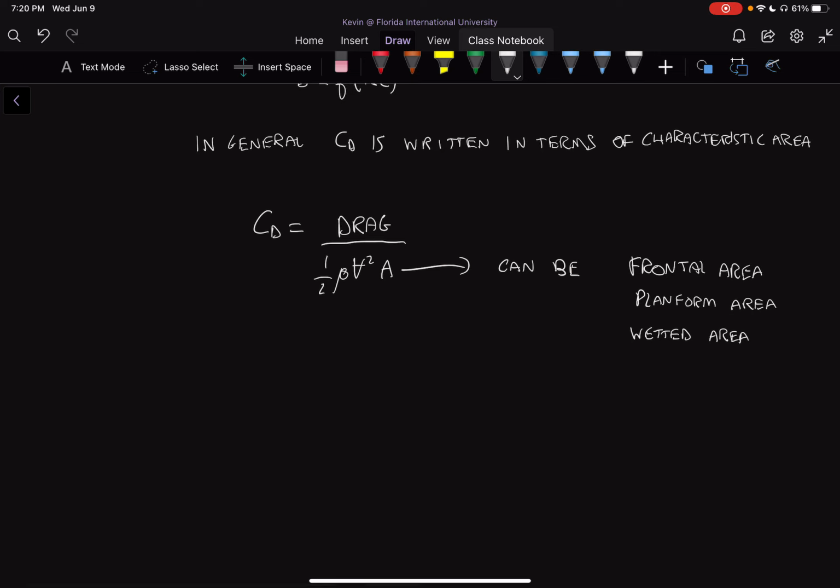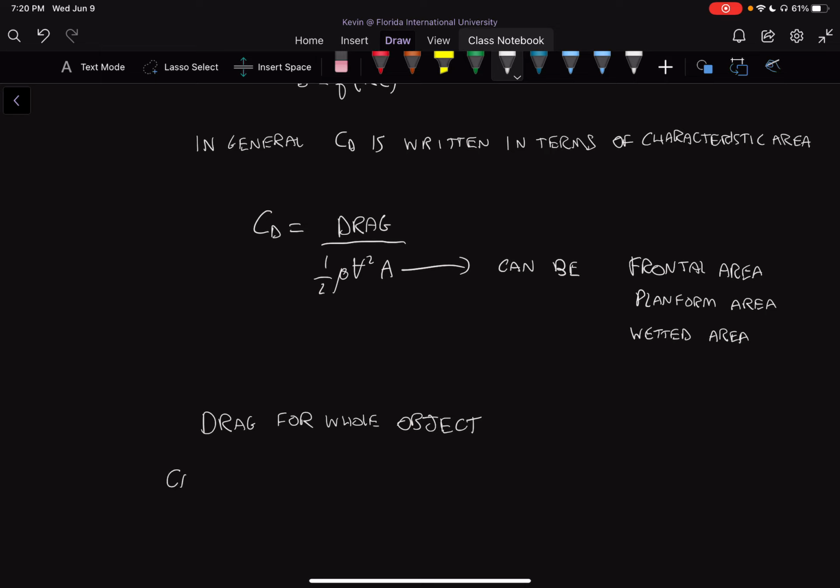So the coefficient of drag for a car is found by the drag for the whole object over 1/2 times rho times V squared, which is characteristics of the fluid that the car is in.